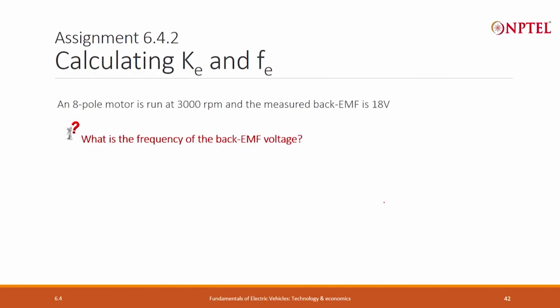The question is, what is the frequency of the back EMF? Next, what is the back EMF constant of the motor in both the units, volts per 1000 RPM and volt second per radian.